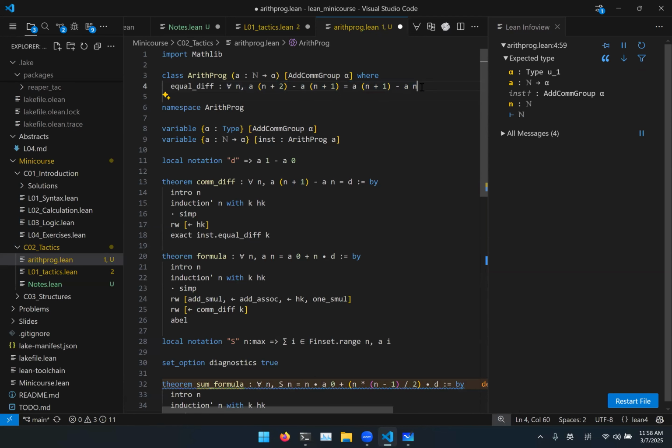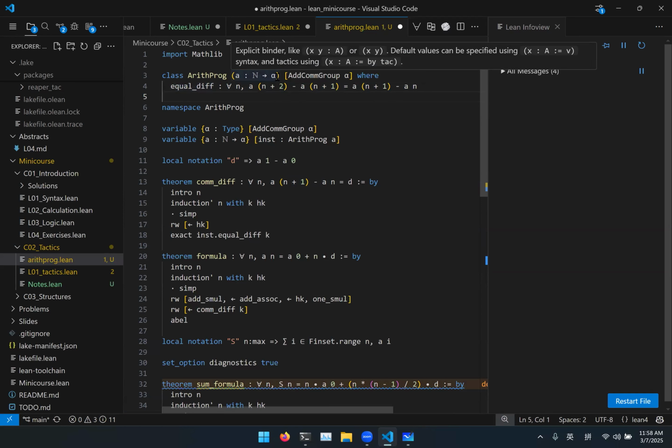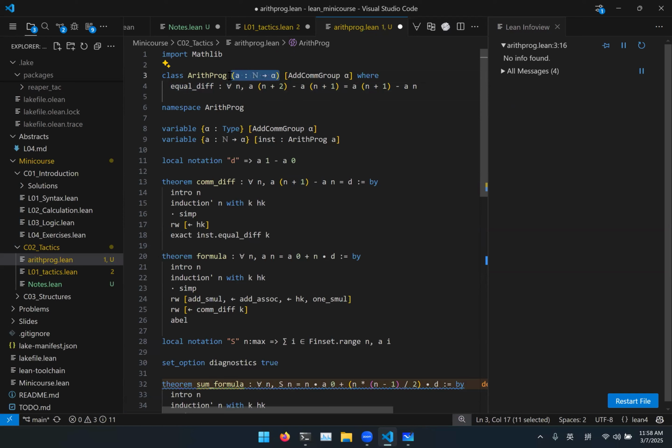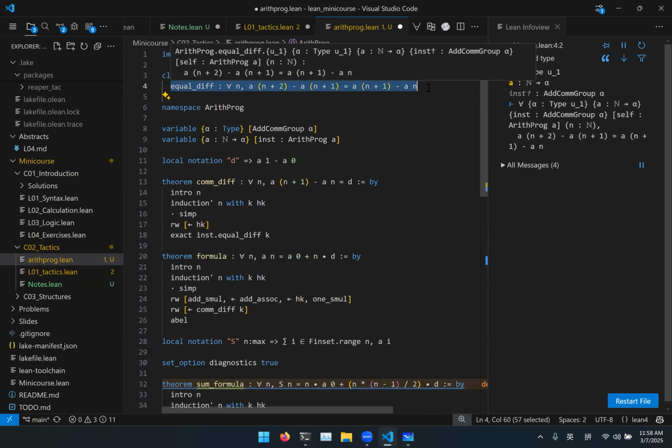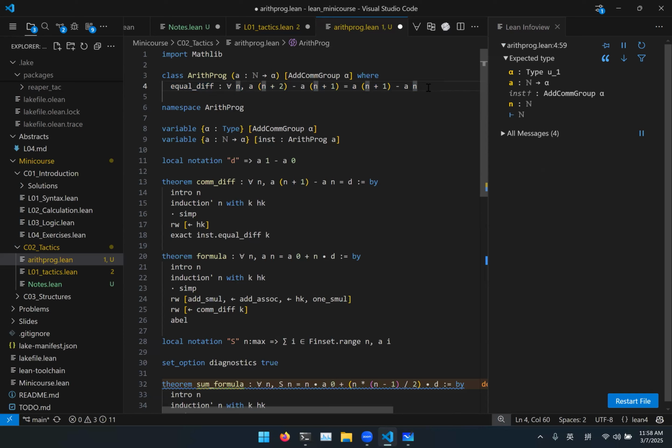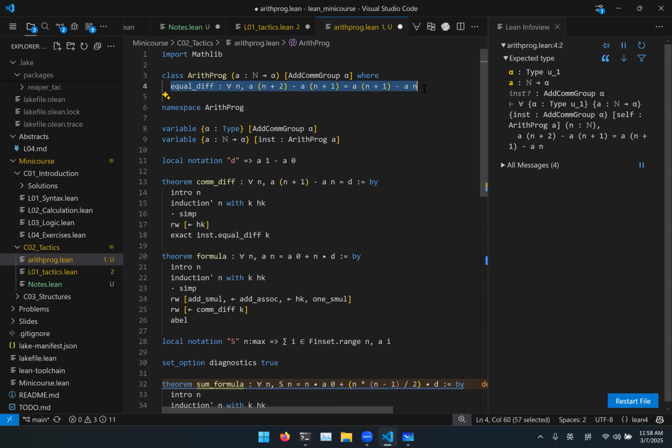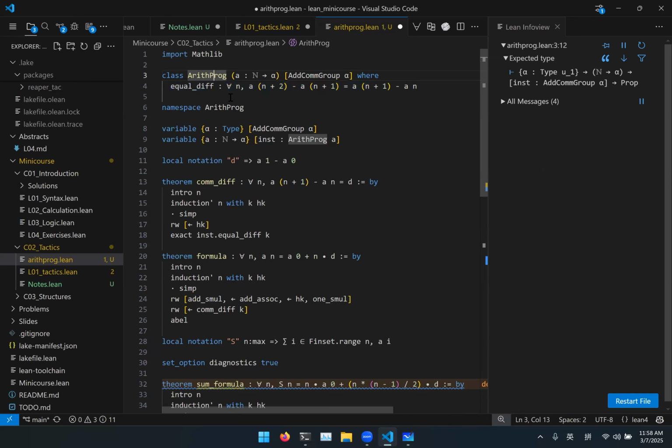So how do we define this property? On top of this is the function which maps from the natural numbers to any type, which I demonstrated in the first lecture. And on top of this, there's an additional property that this function needs to satisfy, which is this.